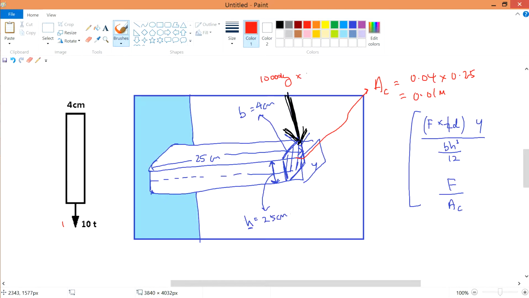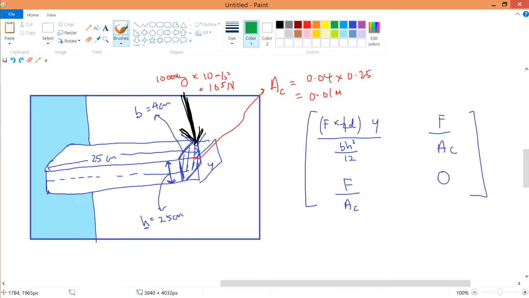If it's a force, then you have to multiply by gravity. In this case, I write it as 10 meters per second squared. So the force in this case is 10 to the power of 5 Newton.